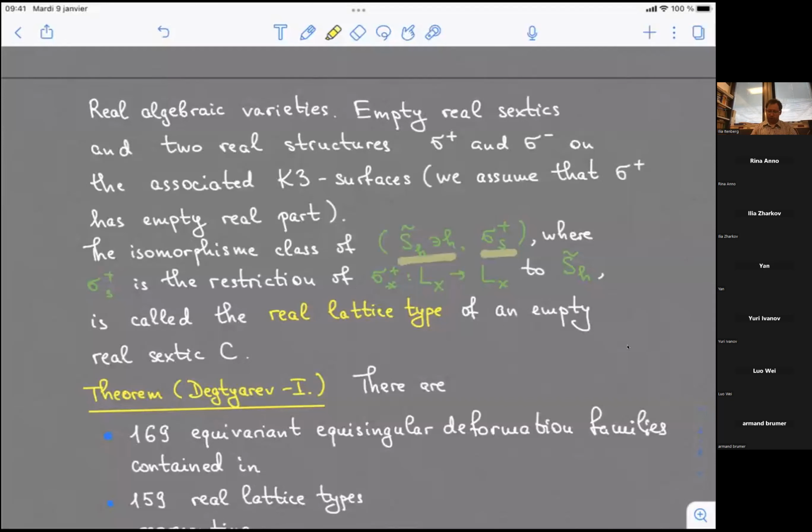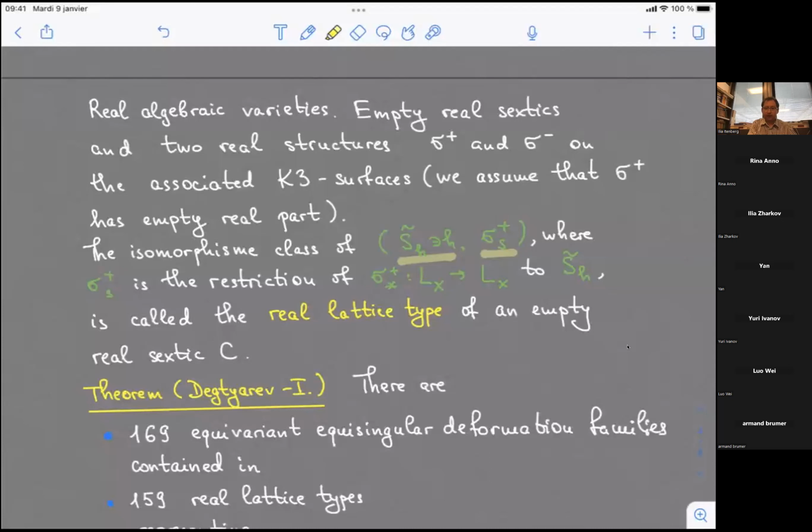So to summarize, to each empty real sextic, I can associate such an arithmetic object: a two polarized hyperbolic lattice equipped with an involution.